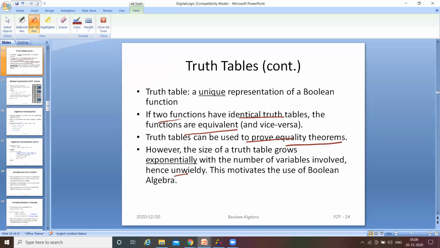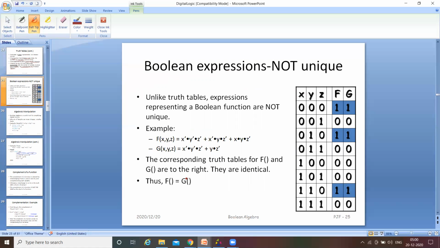Hence, it is unwieldy. This motivates the use of Boolean algebra. Boolean expressions are not unique.